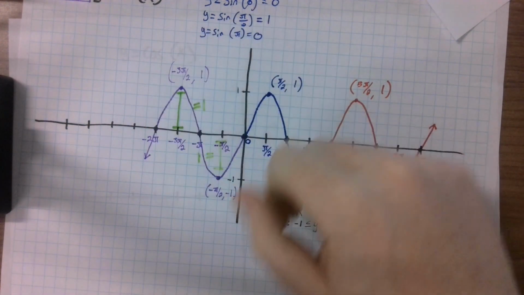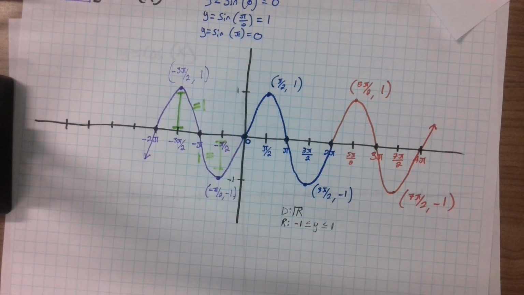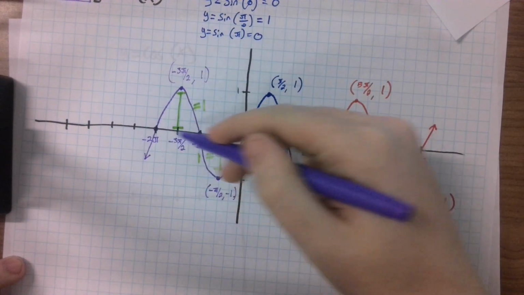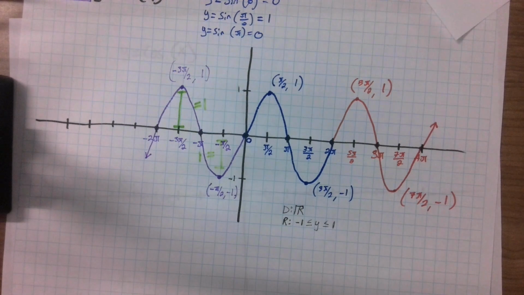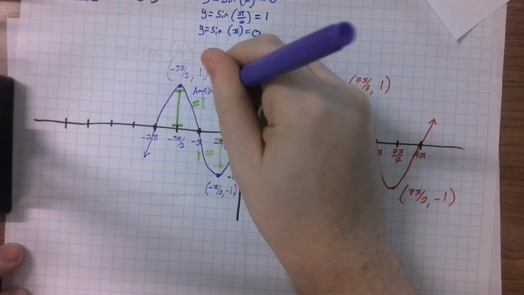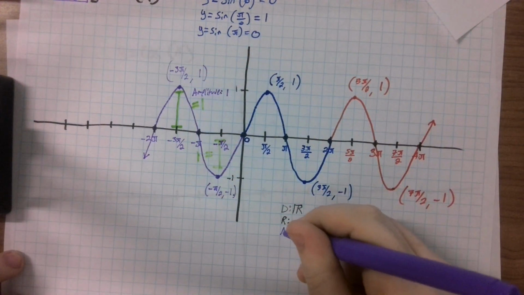These sort of humps, or at least the height of them, is called the amplitude. The amplitude of a graph is going to be the distance from the middle of it to the maximum or the minimum. This would be our amplitude of 1. Very nice.